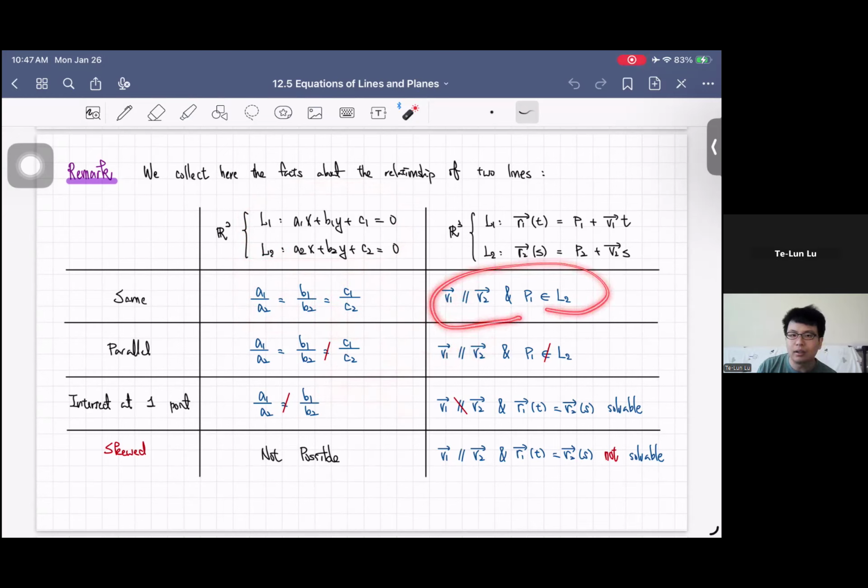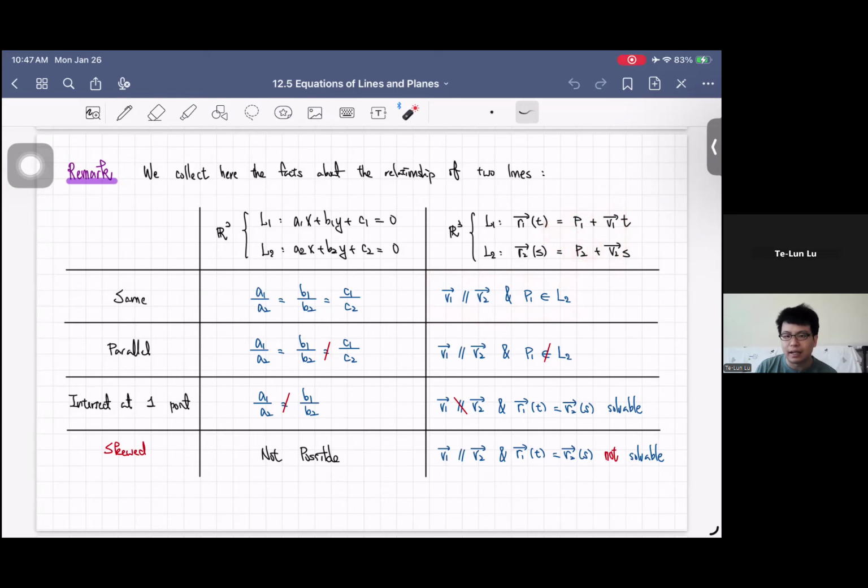And in terms of R3, one thing to note is that you always have V1 parallel to V2, right? In order to make that the same. So again, V1 parallel to V2 basically just says that these are scalar multiples of one another. And I just mentioned here that another thing to check is that P1 belongs to L2, or P2 belongs to L1, depending on your choice.